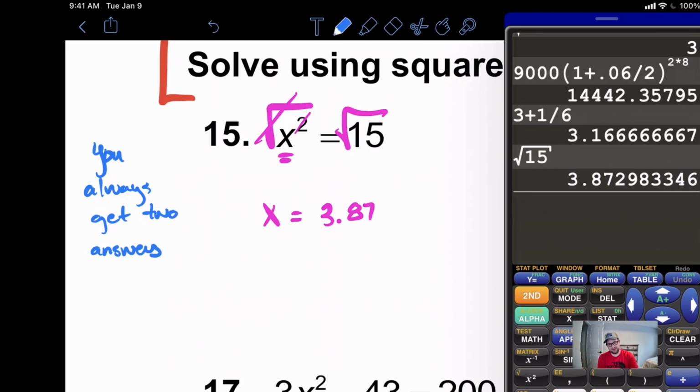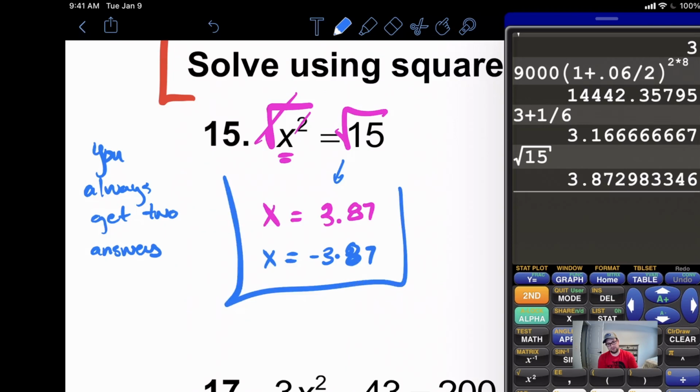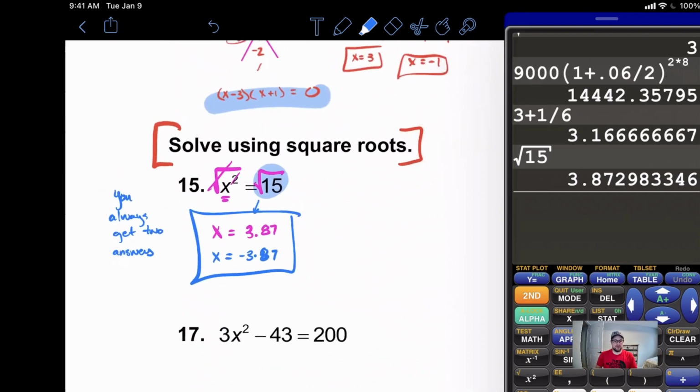So in this situation, our other answer, since this is coming right from the square root, will be -3.87. That's an 8. And these will be our 2 answers. Now, they're not always like a positive and a negative version of the same number, but whenever you square root, you're always going to get the positive version and the negative that you got to consider.